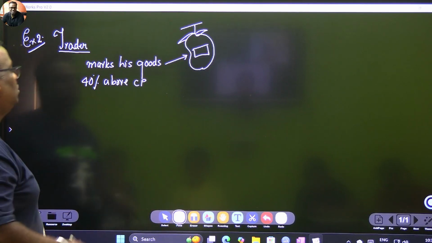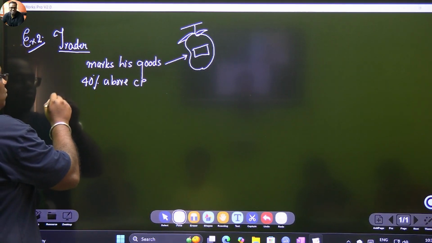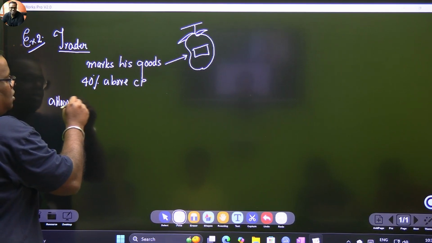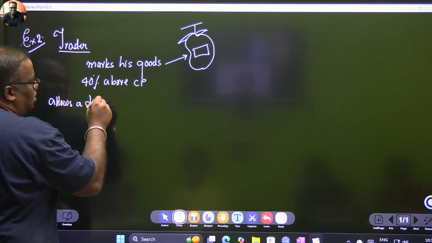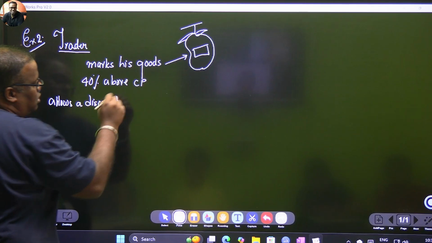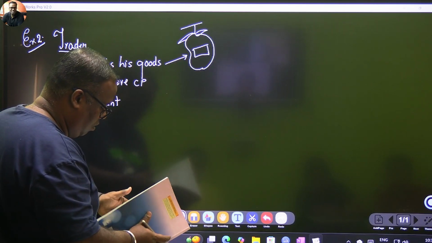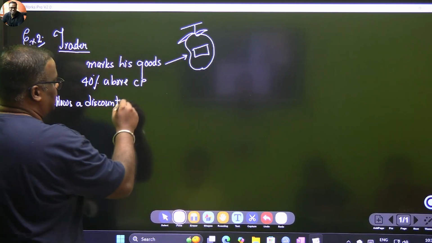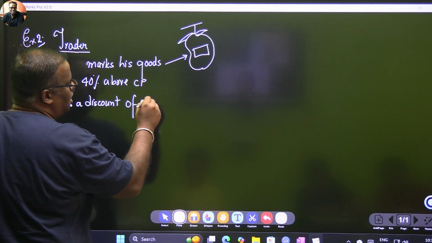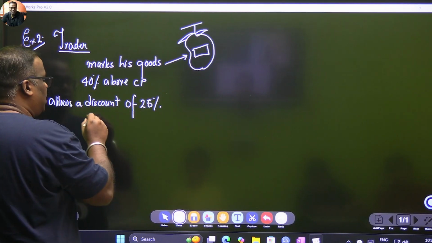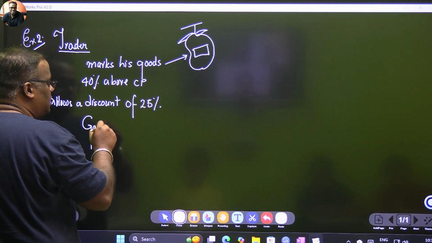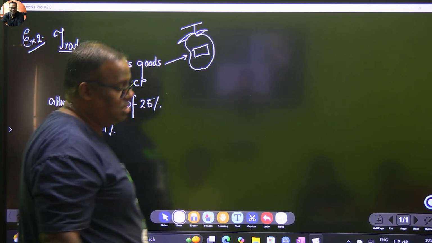And then to lure the customer, he further allows a discount of 25%. Our job is to find his gain percent, how much gain he makes. Okay, this is our question.